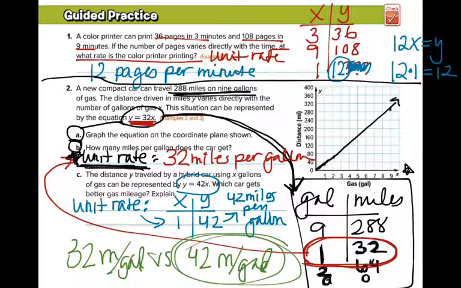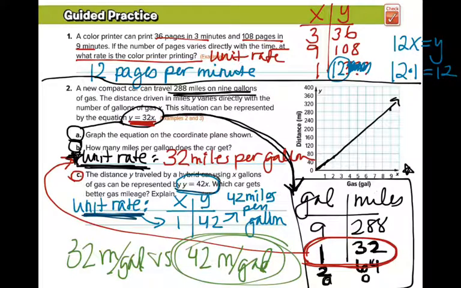And then C says the distance traveled by a hybrid using x gallons of gas can be represented by y equals 42x. Which car gets better gas mileage? Explain. So I found the unit rate of the original problem. Now I need to find the unit rate of my new situation, my hybrid car.